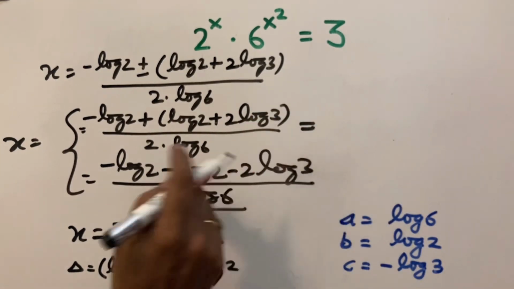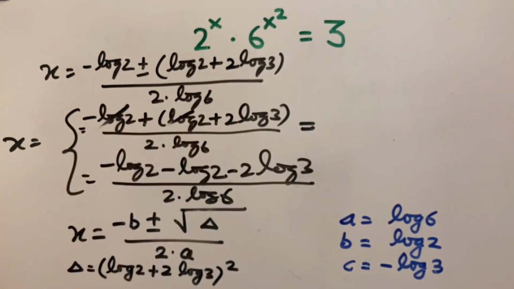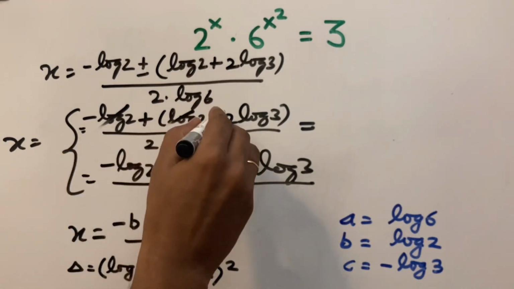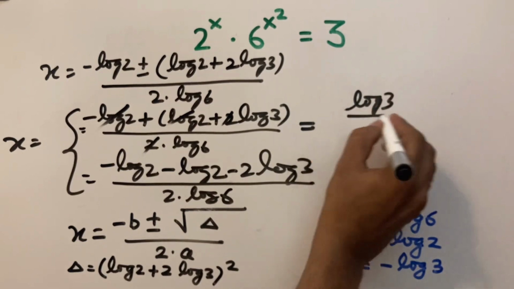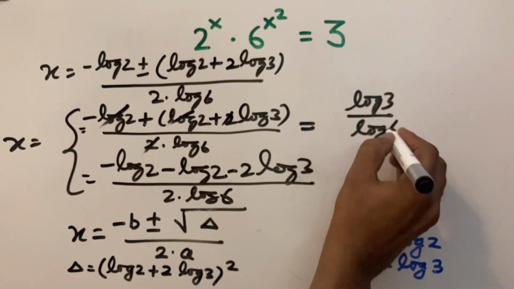So this will be equal to log 2 minus log 2 is cancelled. So 2 by 2 is cancelled, and it is equal to log 3 divided by log 6.